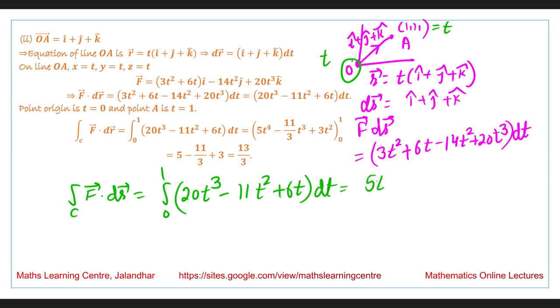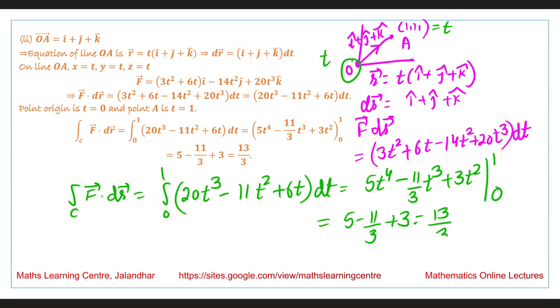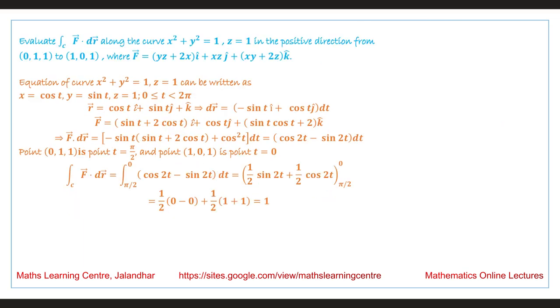This is equal to 5t^4 minus 11/3 t^3 plus 3t^2, with limits 0 to 1. So the answer we get is 5 minus 11/3 plus 3, which is equal to 13/3. So this is the value of the line integral in this case.